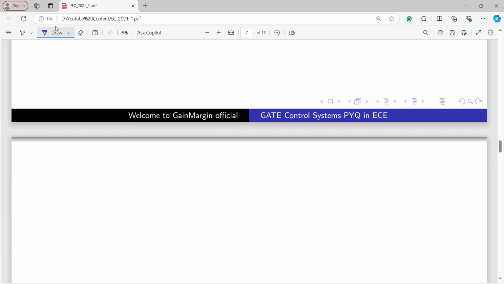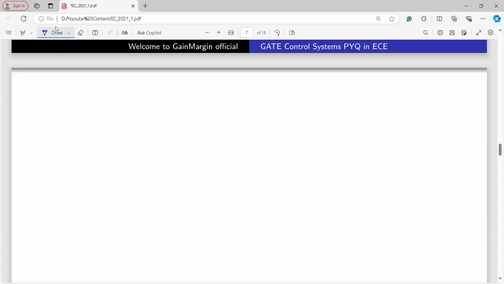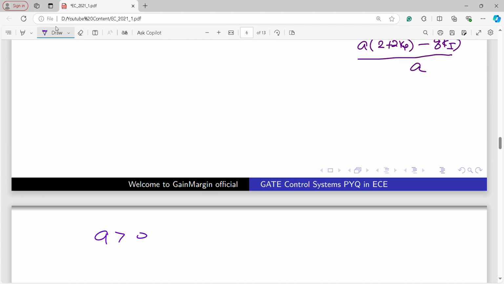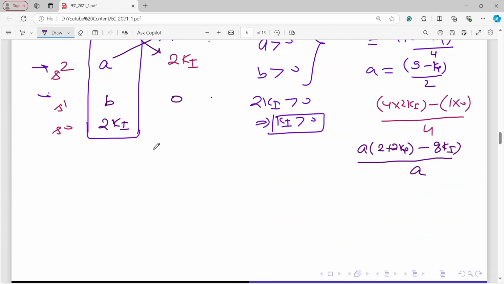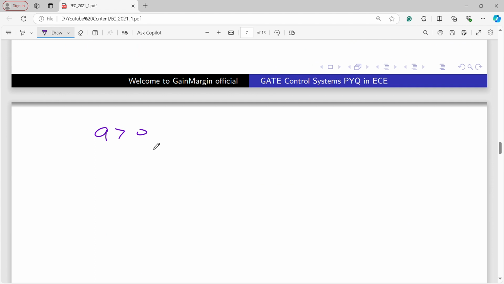So let us take care of A. What is A here? A value is 9 minus kp by 2, greater than 0. So kp less than 9.